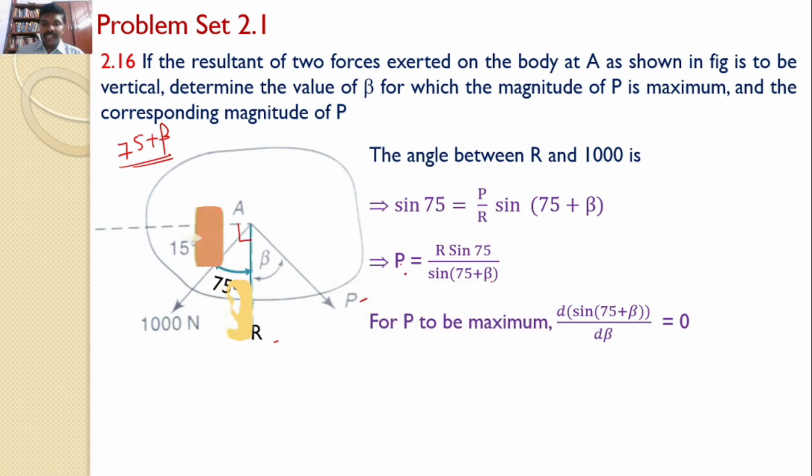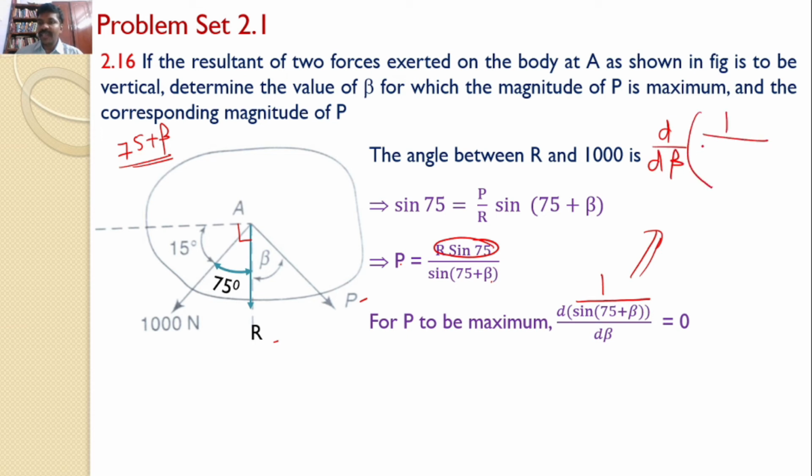So for P to be maximum, the differentiation of R into sin 75 by sin (75 plus beta) should be 0, or since R and sin 75 are constant, d by d beta of 1 by sin (75 plus beta) is equal to 0.